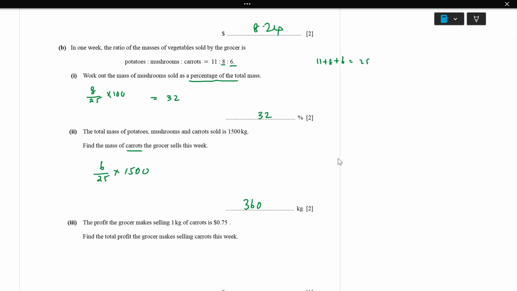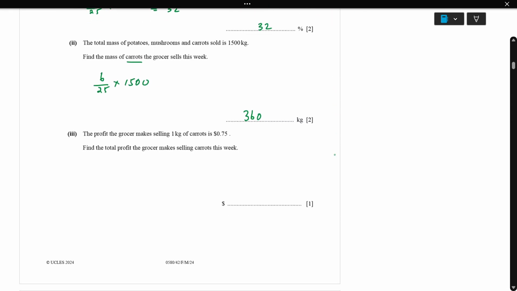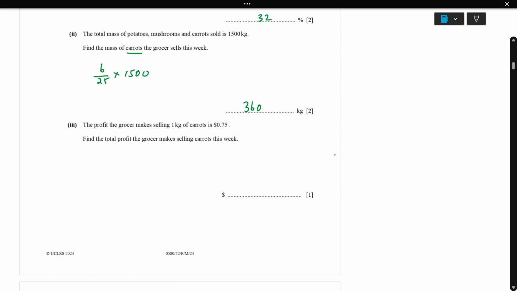Okay, the next question. The profit the grocer makes selling 1 kg of carrot is 0.75. Find the total profit the grocer makes selling carrots this week.